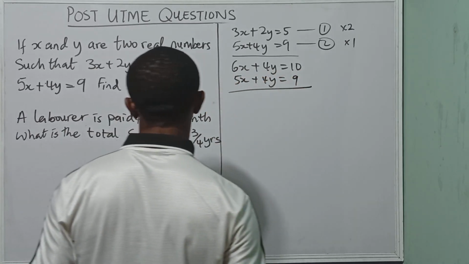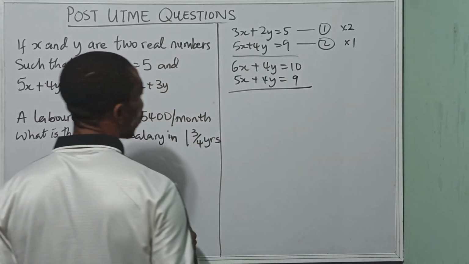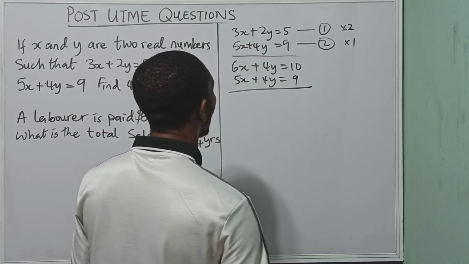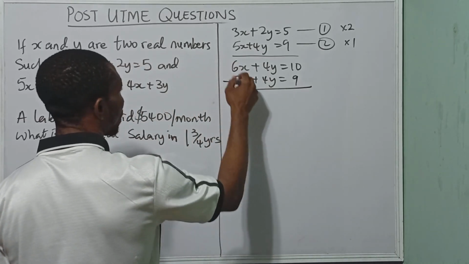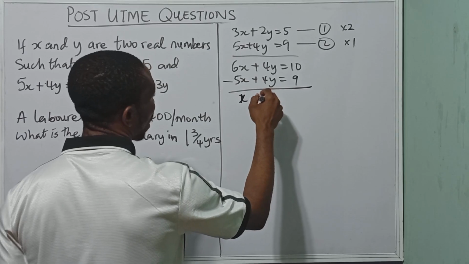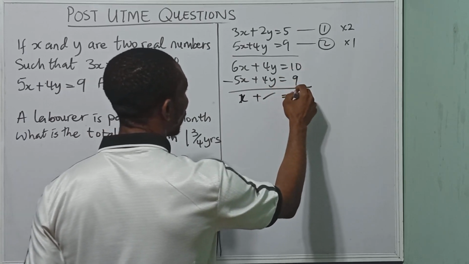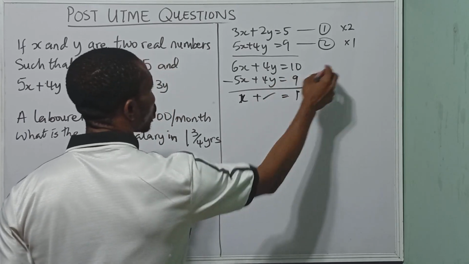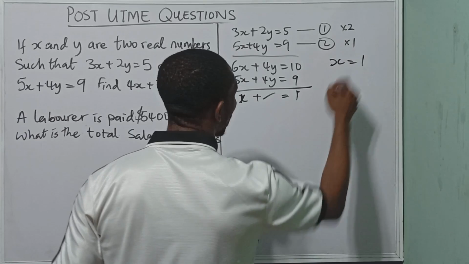Alright, now solving this out, we subtract. Since we are subtracting, 6x minus 5x gives us x, y cancels out, and 10 minus 9 gives us 1. So our x equals 1.